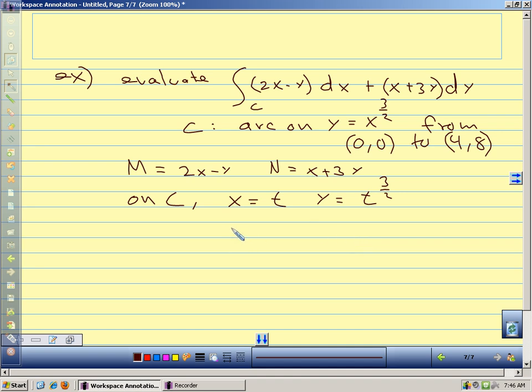So dx equals dt, and dy equals 3 halves t to the 1/2 dt.